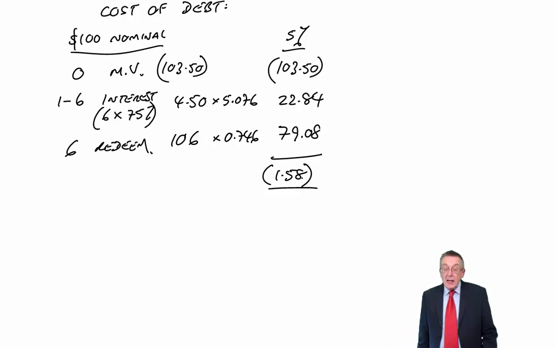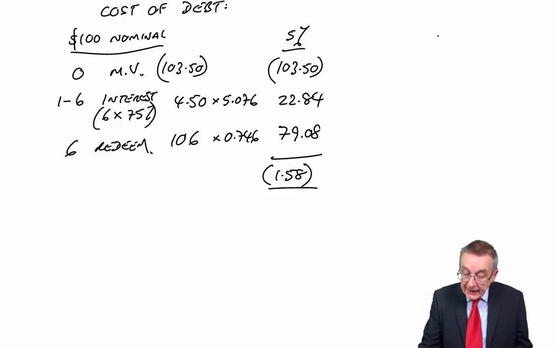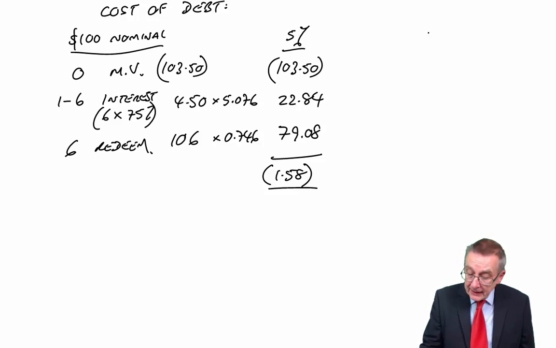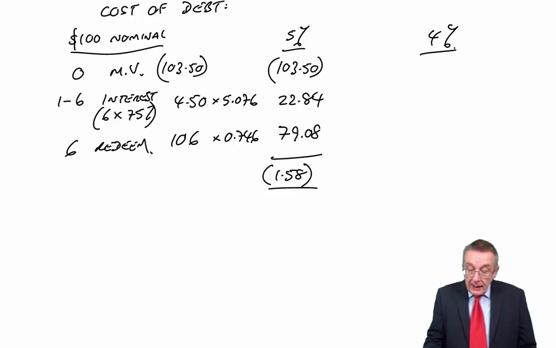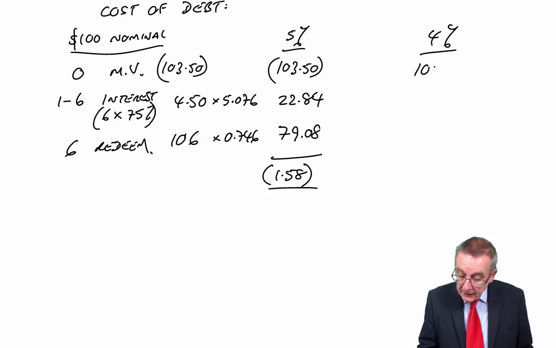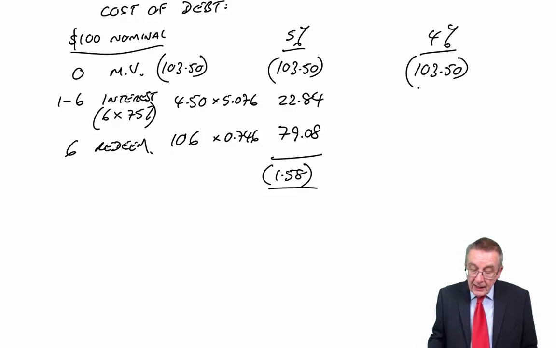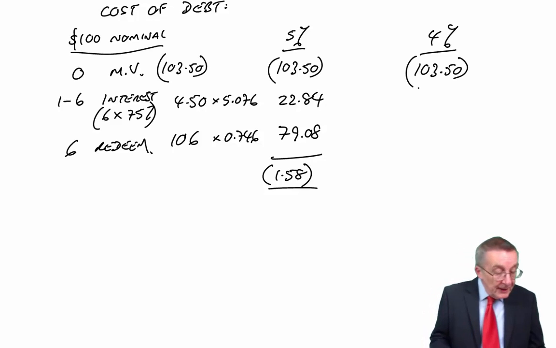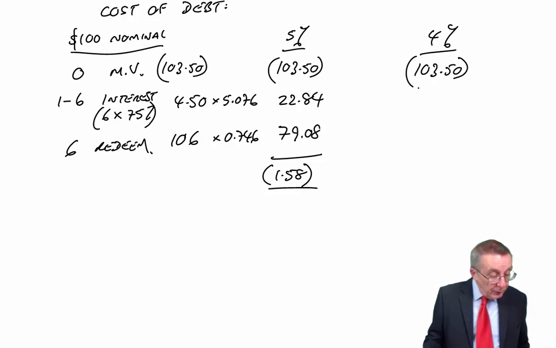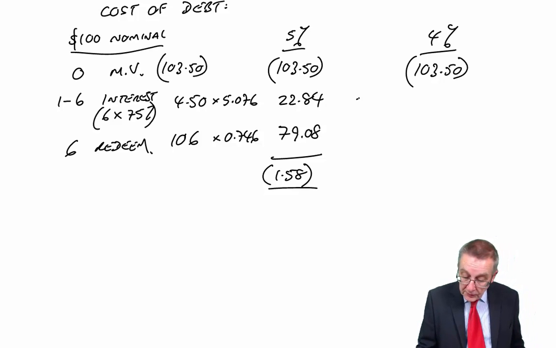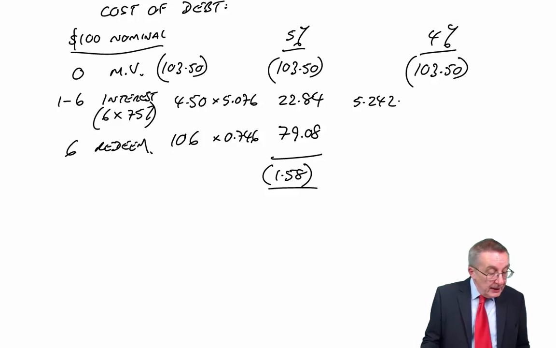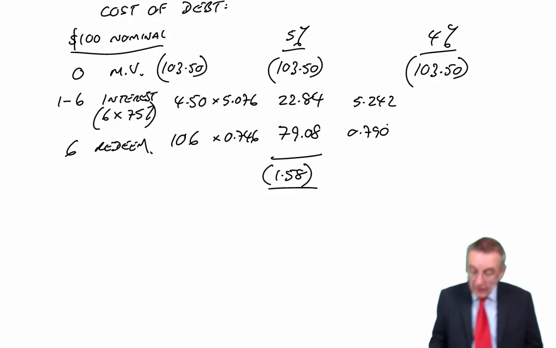Well, since it's going to be lower than 5, make your second guess at less than 5%. 3%, 4%, doesn't matter. I'll guess at 4%. Let's see what we get. 103.50, again, it's 103.50. The annuity factor for 6 years at 4% is 5.242. The ordinary factor for 6 years at 4% is 0.790.